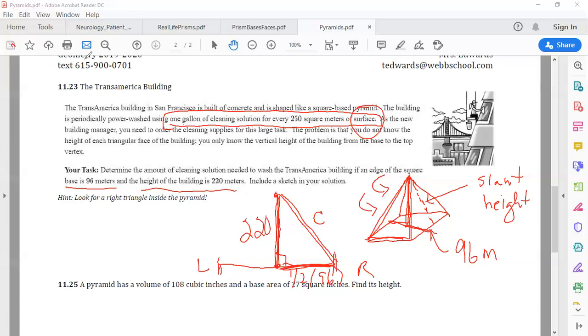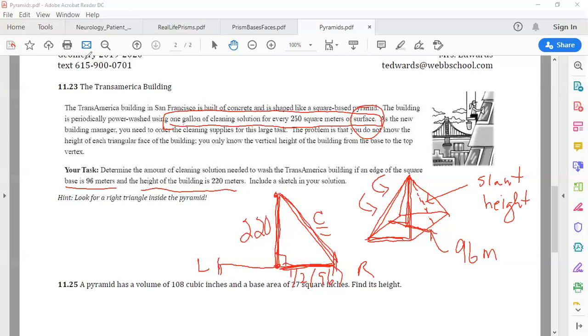Now, I've got a right triangle, I've got 2 legs, and I've got an unknown hypotenuse. So if you don't say Pythagorean theorem right now, I should be fired. We're going to use the Pythagorean theorem to figure out what this slant height is.